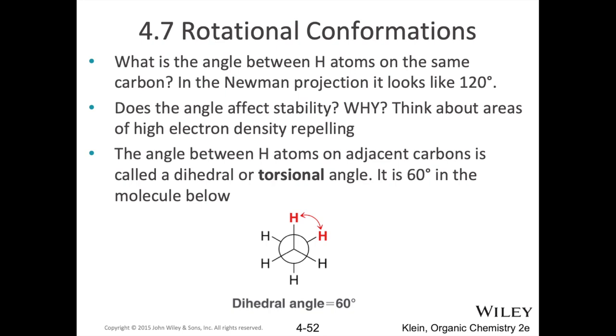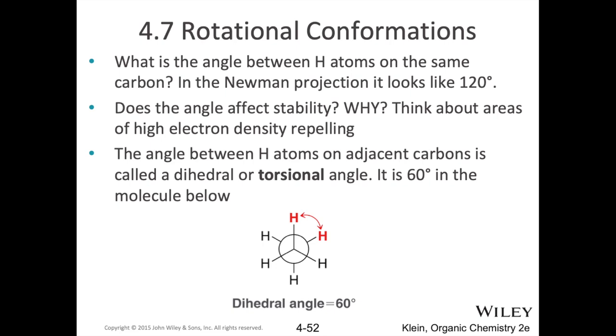That being said, the angle between these groups is important when we're trying to determine the stability of a particular conformation of a molecule. We call this angle the torsional angle, or the dihedral angle, and any strain, any repulsion caused by the bulkiness of the groups involved here, is known as dihedral strain or torsional strain. And this is one of those driving forces that affects the stability of the molecules we're looking at.